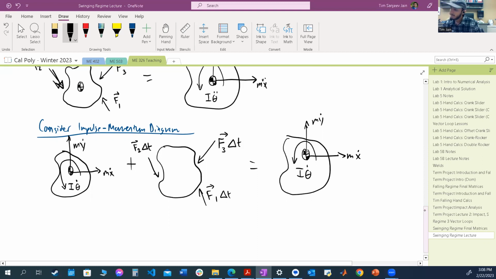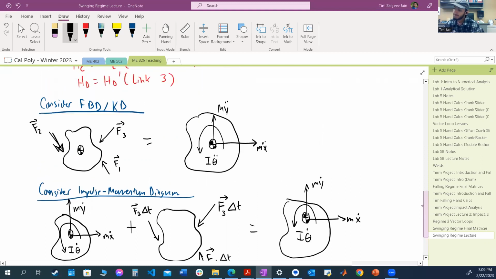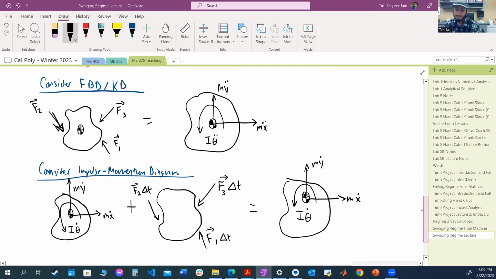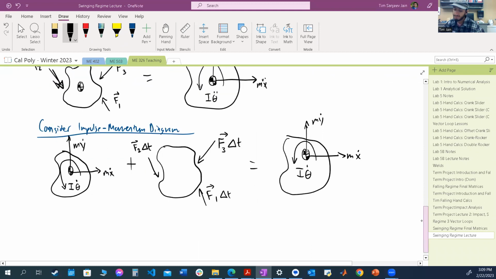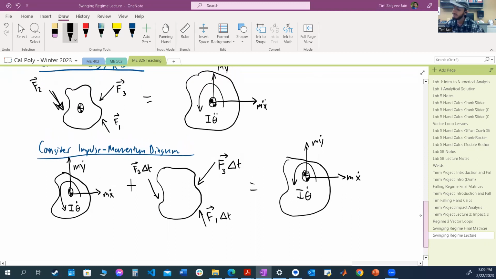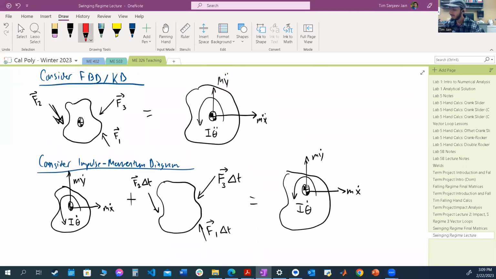Now look at this. The impulse momentum diagram is simply the time integrated form of the FBD KD, right? Because the integral of F dt is called impulse.